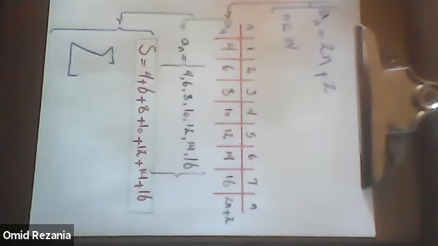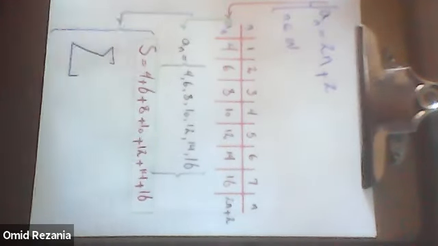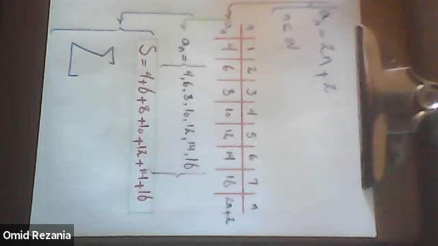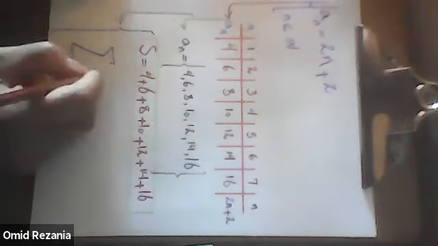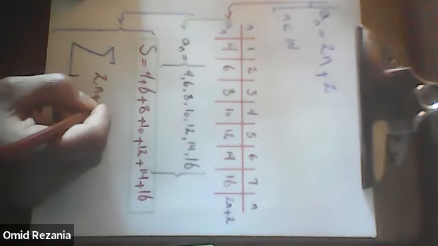You see that 2n plus 2? I'm going to write this in front of the sigma, which shows the hidden message of my finite sequence. I'm going to write 2n plus 2 in front of my sigma.